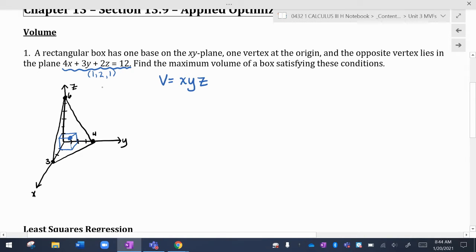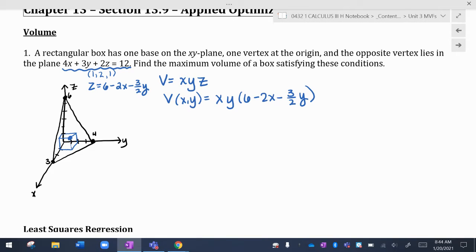If I solve the plane equation, z equals 6 minus 2x minus 3 halves y. So my volume in terms of just x and y would be x times y times that z. If I want to maximize it, I either need to test the corners or test the critical points.